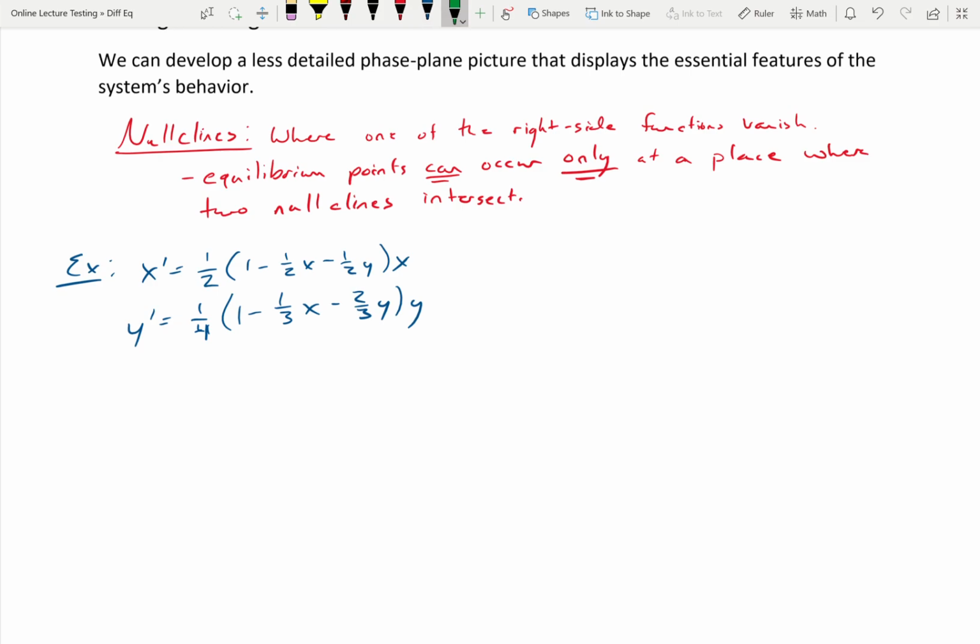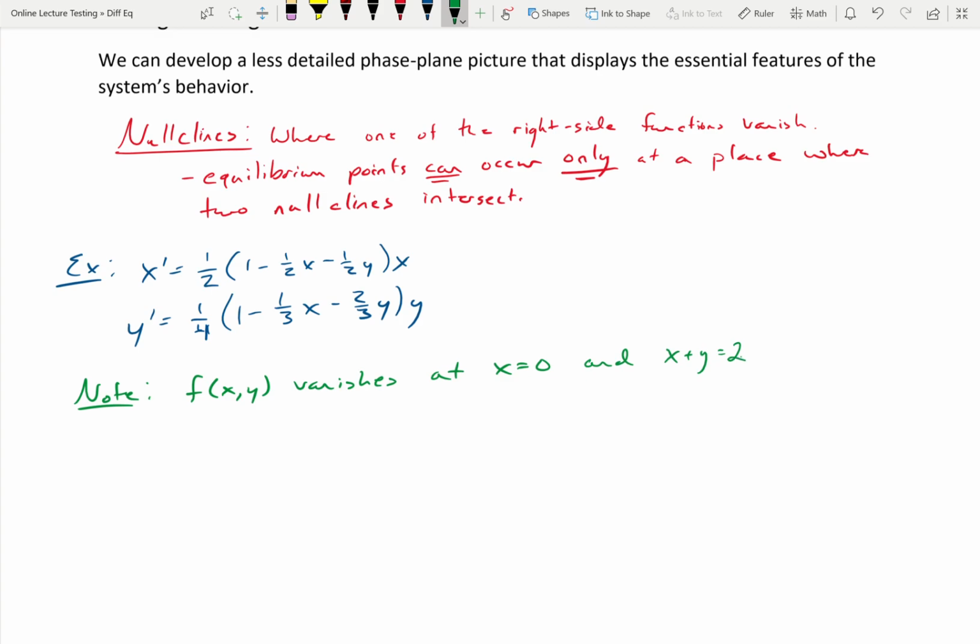An important note here is that f of x, so this is talking about our top function here, vanishes at x equal to 0, and when this interior function goes to 0 as well, and that's when x plus y is equal to 2.